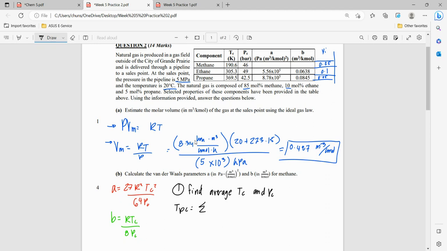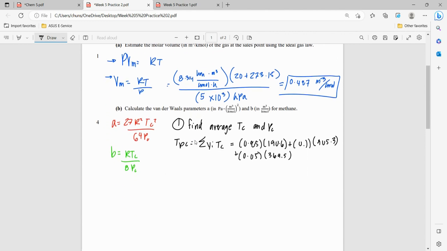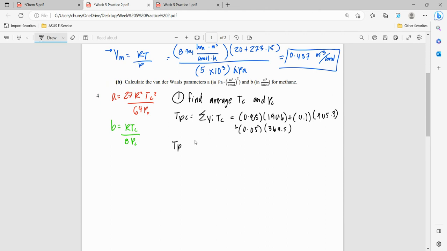Find our pseudocritical, which is our sum. So this is 0.85 for methane, and that's 190.6 Kelvin, plus 0.1 for ethane times 305.3, and plus 0.05 for propane, and that's 369.5. And this makes our pseudocritical, sorry, let me just separate this half.